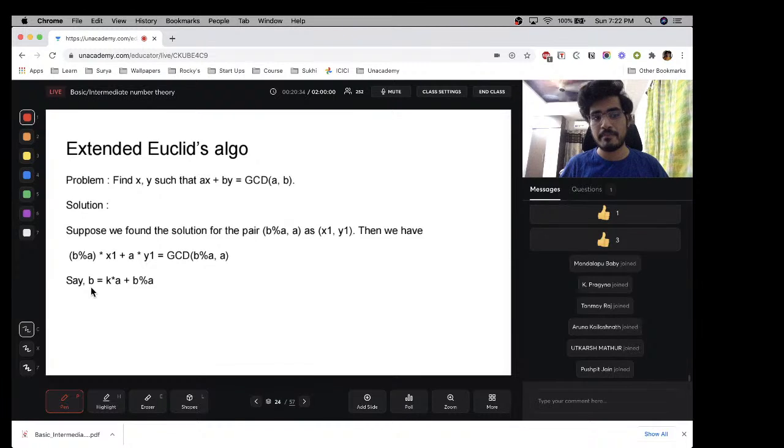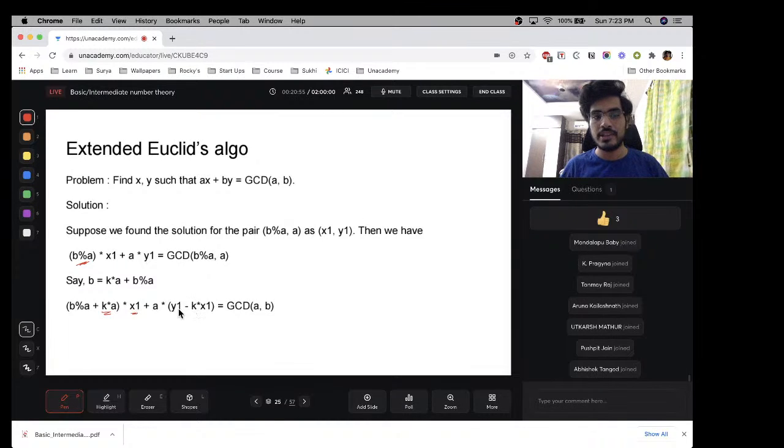Now next, let's say B equals K into A plus B mod A. We already know this notation, like we just saw before. Then we have b mod a into x1 plus a into y1, and we just add and subtract K into A into x1.